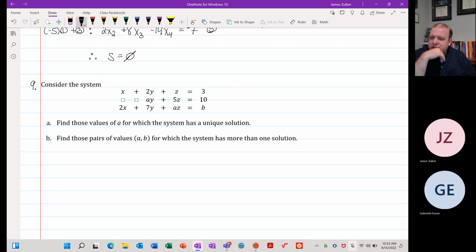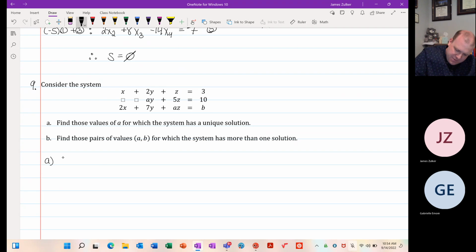So this is going to be the same as what we did in, what was it, number 3, except now we have a 3 by 3. So if we eliminate x, right, it'll be -2 times the first plus the third.